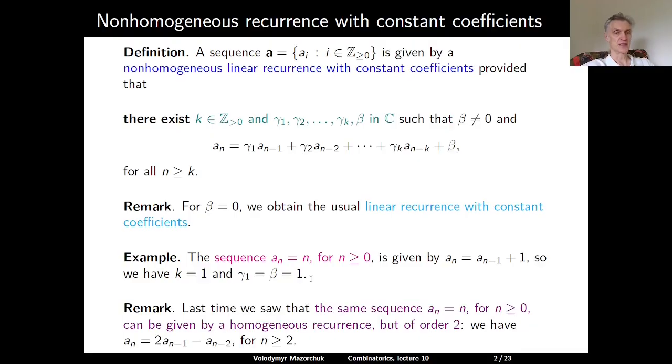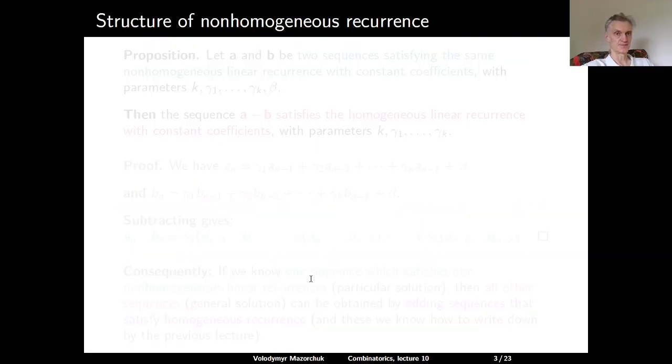Let us remark that the last time we saw the same sequence a_n equal to n, where n is greater than or equal to 0, given by a homogeneous recurrence but of order 2. So we can write that a_n is equal to 2 a_{n-1} minus a_{n-2} for all n greater than or equal to 2. So the same sequence can be given by a homogeneous recurrence and a non-homogeneous recurrence.